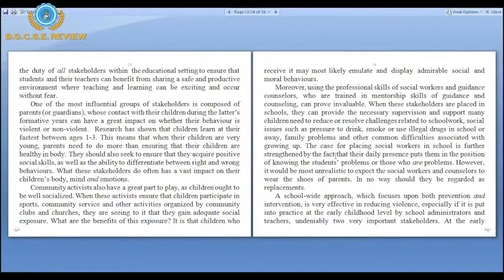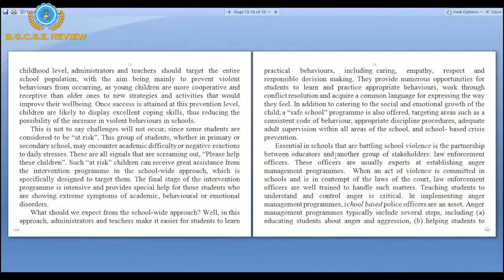At the early childhood level, administrators and teachers should target the entire school population, with the aim being mainly to prevent violent behaviors from occurring, as young children are more cooperative and receptive than older ones to new strategies and activities that would improve their well-being. Once success is attained at this prevention level, children are likely to display excellent coping skills, thus reducing the possibility of the increase in violent behaviors in schools.